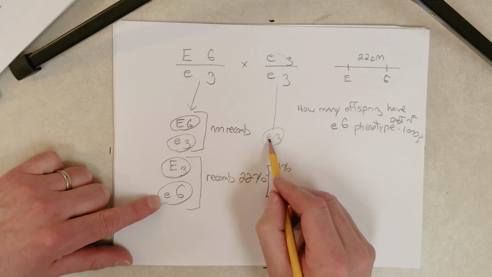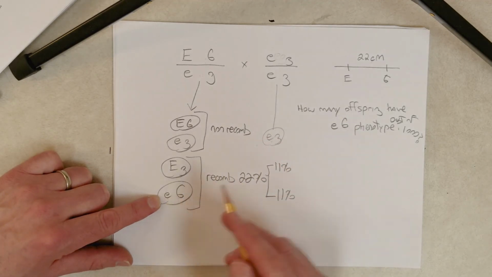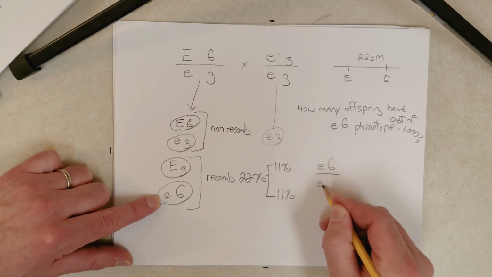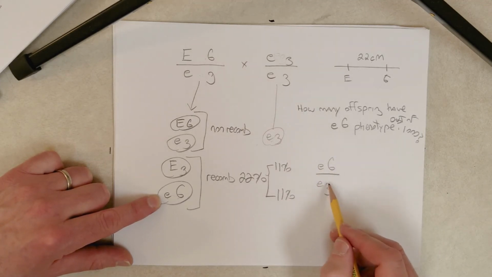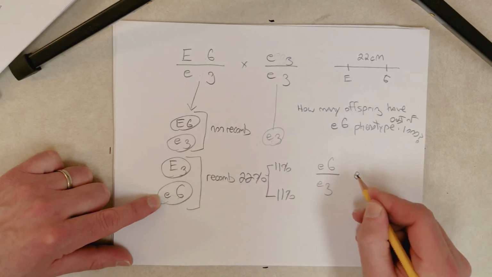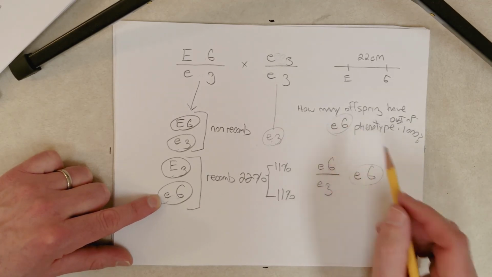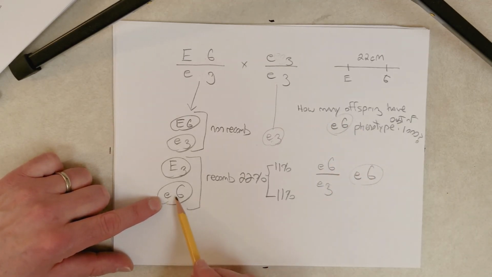So when we combine little e, little g with little e, big G, we get this genotype, which translates to the phenotype small e, big G. So we know 11% of the gametes have this genotype.